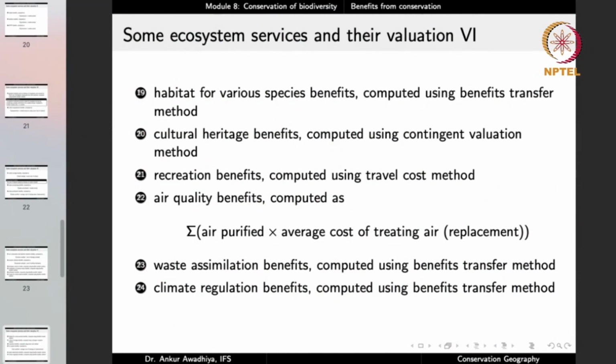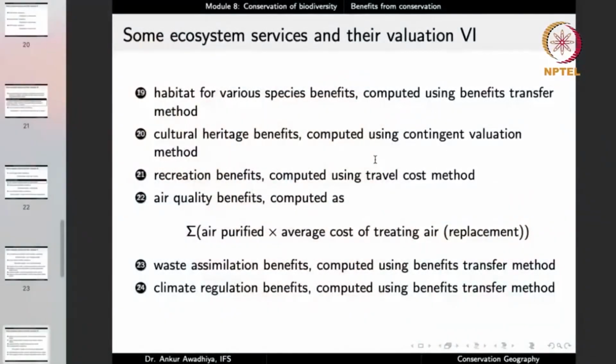We can also use it for habitat for various species benefits. The cultural heritage benefits can be computed using the contingent valuation method. So for instance, if people pay a lot of respect to a particular tree, say a banyan tree, you can ask the people in the surroundings, okay, if this banyan tree were to be cut down, what is the amount of compensation that you feel is a reasonable compensation for accepting the loss of this banyan tree?